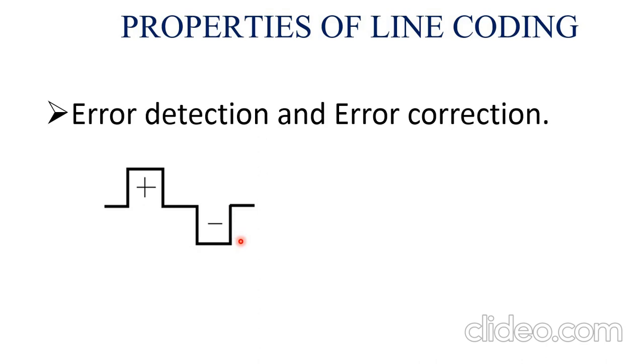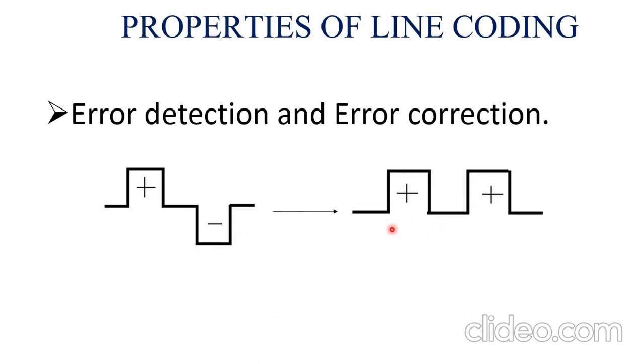So if somehow this sequence is received like this, here both are positive. In AMI, I have the basic property that one should be positive and the next one should be negative. But here both are positive, which is violating the basic rule.